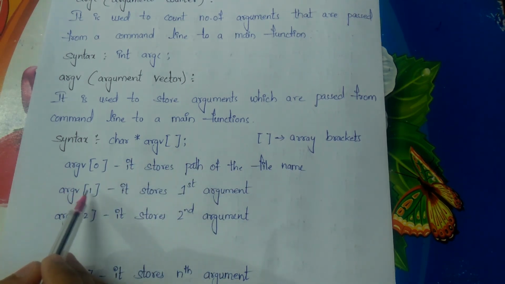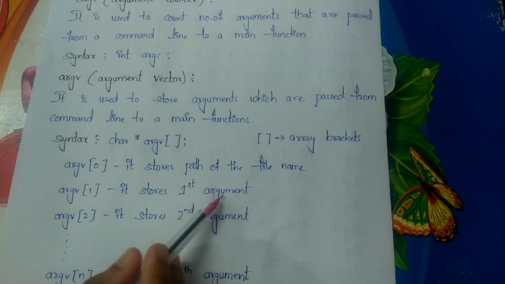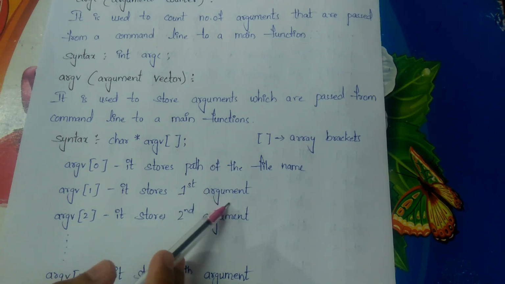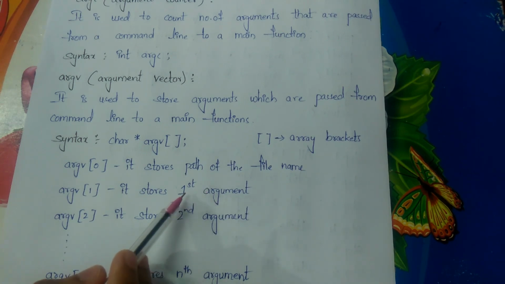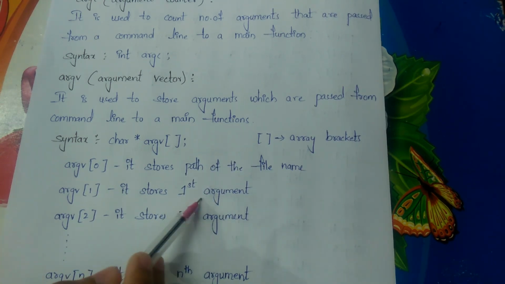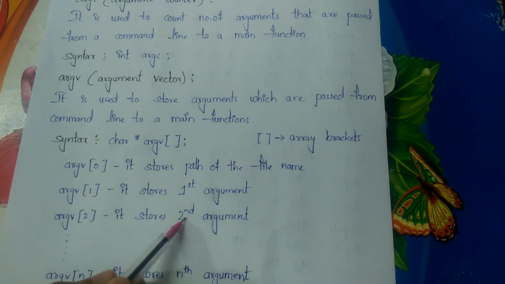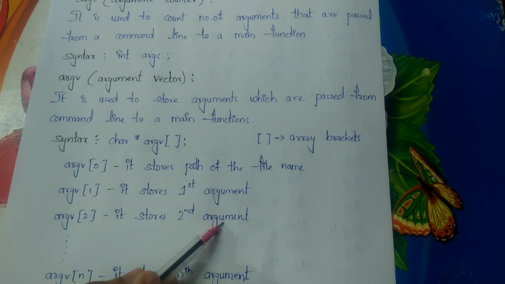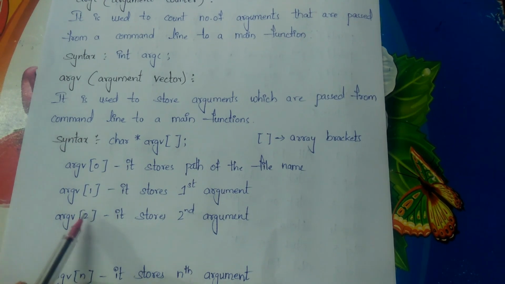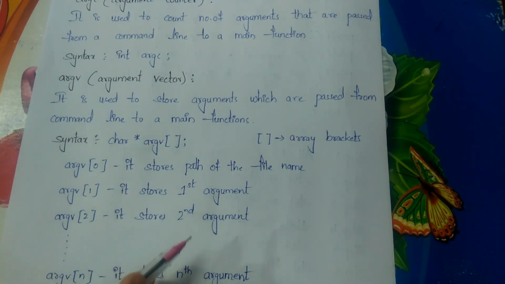Next, argv[1] stores the first argument. The user can give many arguments from the command line to the main function. Whatever the first argument given by the user is will be stored in argv[1]. The second argument given by the user will be stored in argv[2], and so on.